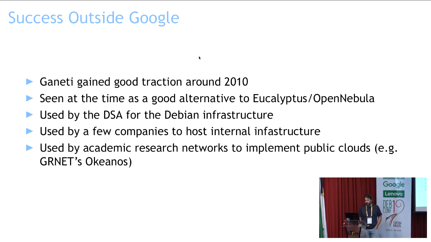So at the time, it was seen as a good alternative to Eucalyptus and OpenNebula. And that's the time the DSA started using it for Debian infrastructure, and a few companies, including mine, started to host internal stuff. And it was even used to implement public clouds in Greece, which is pretty big, with several tens of thousands of instances.